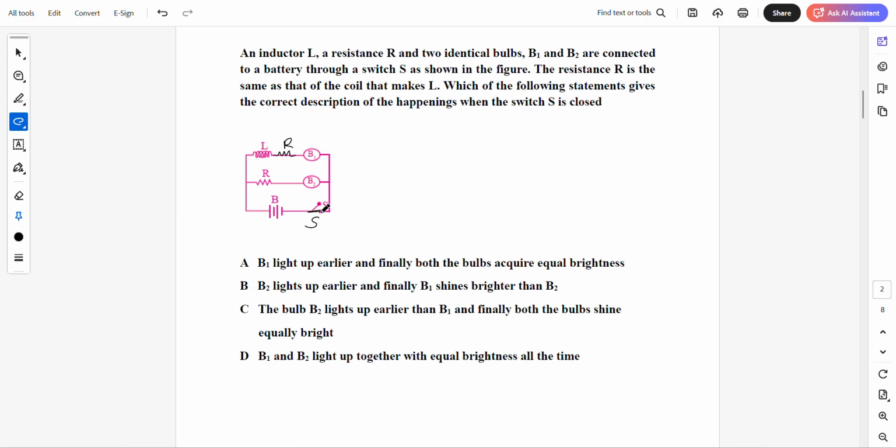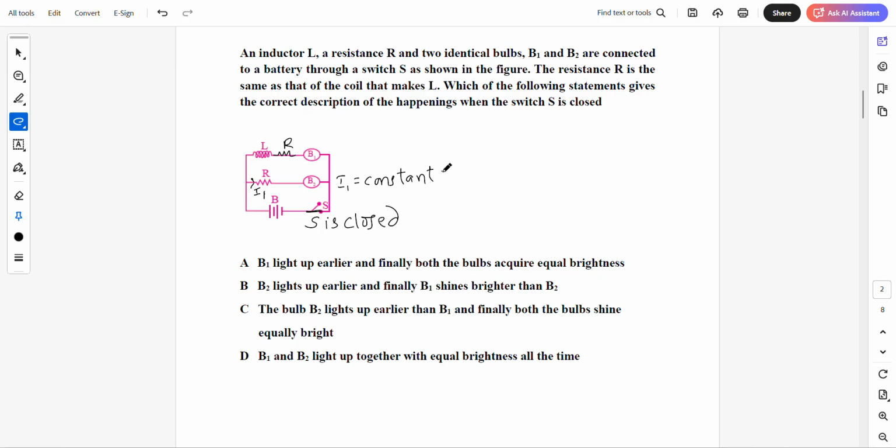As soon as the switch S is closed, there will be a current here. I will call this I1. This current I1 will be constant here because R is connected here.